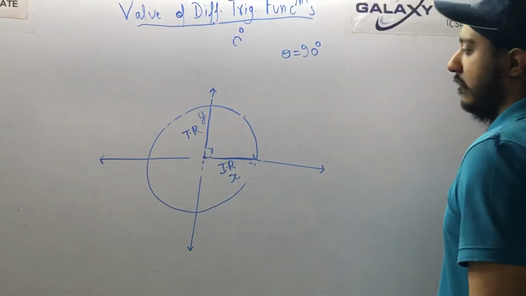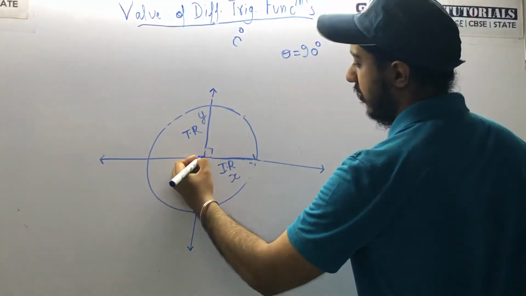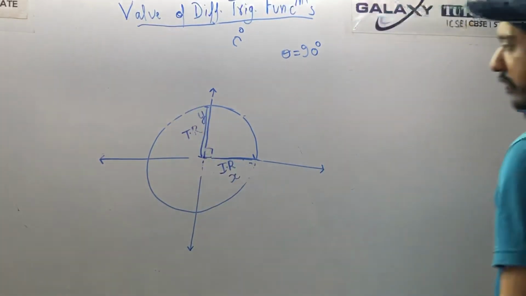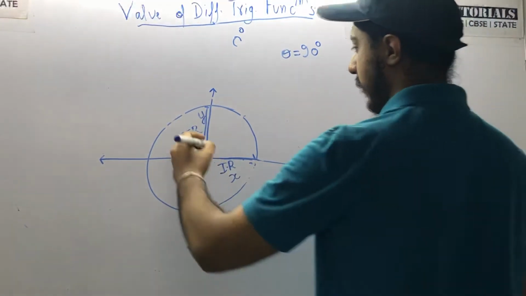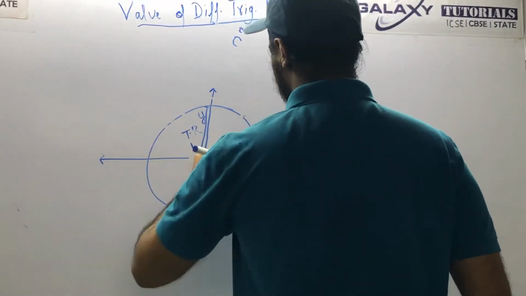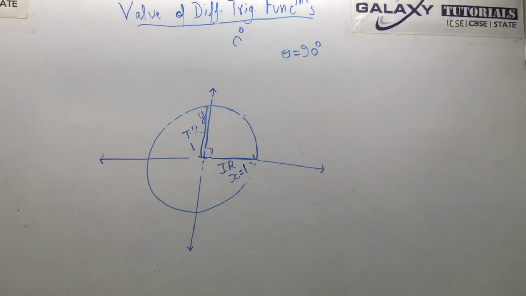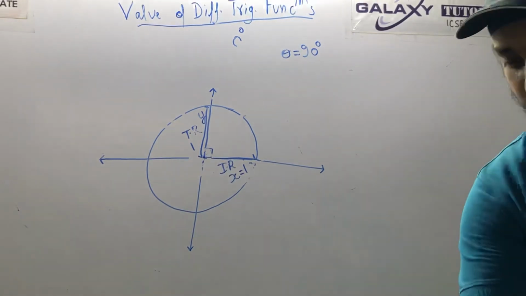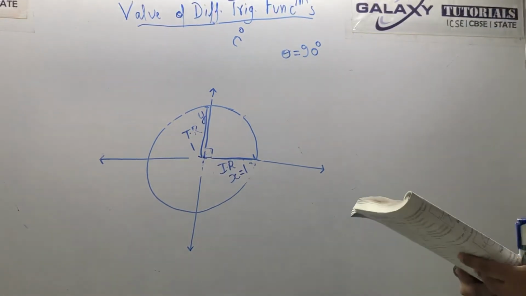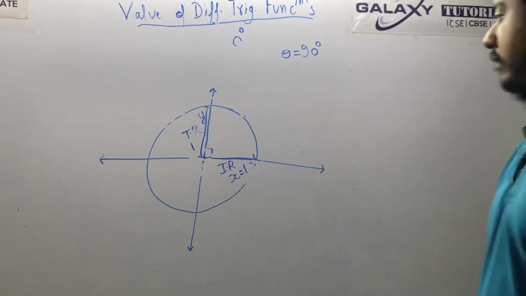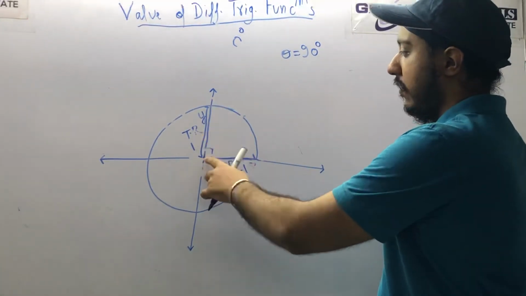This is x. Y is also 1. X is also 1. Now we will find out the values. First of all, this is the final angle.